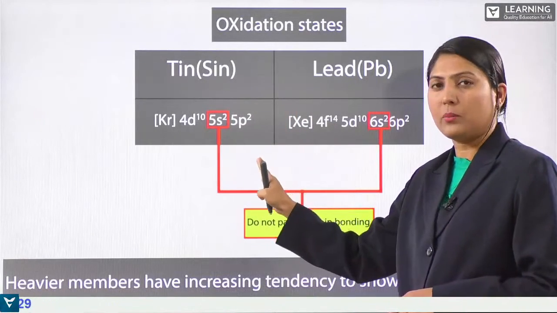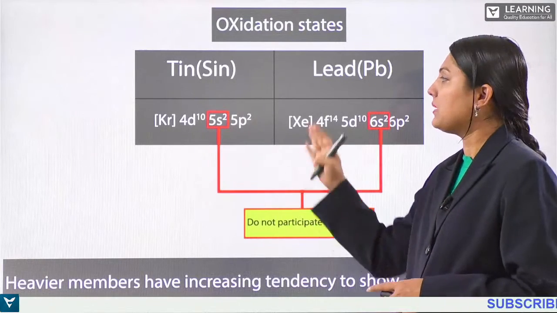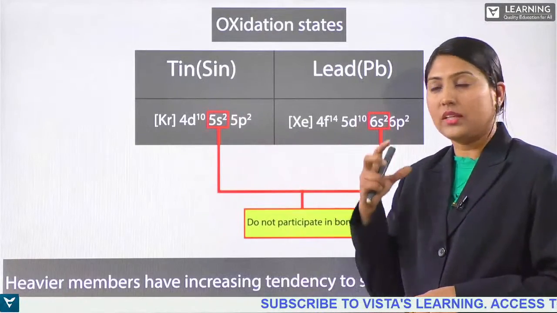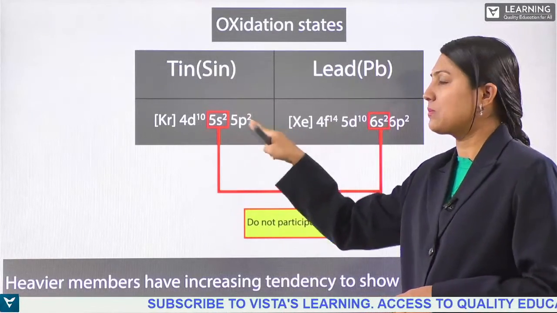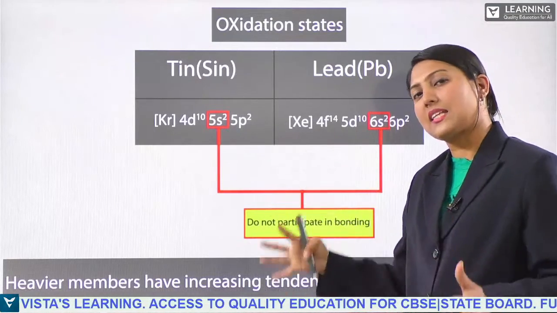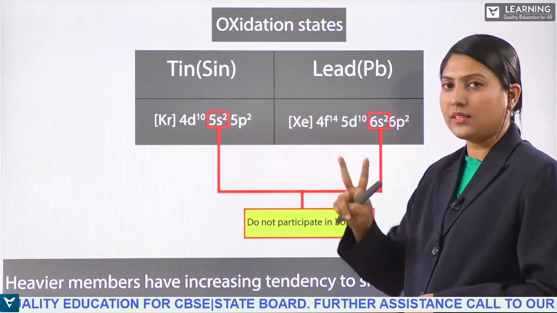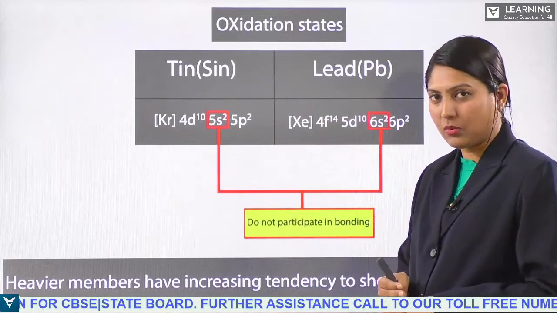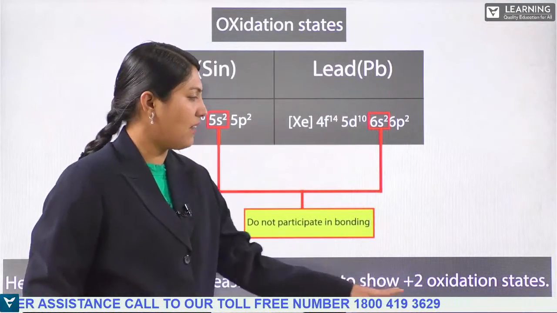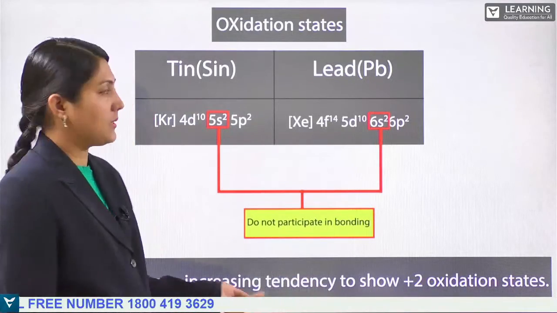Compared to the p orbital, the s orbital is closer to the nucleus. So what happens? Here the s orbital will not participate in bonding. Only 2 electrons can be given out, that are present in the p orbital, as these are heavy metals and their size is larger. The p orbital contains 2 electrons. Easily 2 electrons can be removed, not the other 2 electrons. So we have the +2 oxidation state for heavier elements.